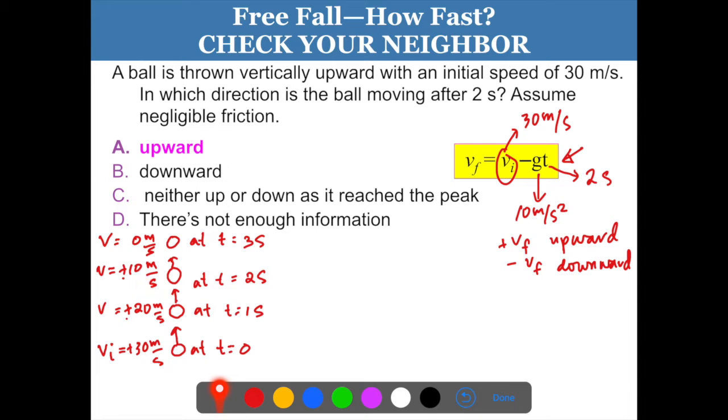And after another second, the speed has decreased by another 10 meters per second. So at this point, at 3 seconds, the ball now has a speed of 0 meters per second. So it stops momentarily. And then the ball starts to go down.